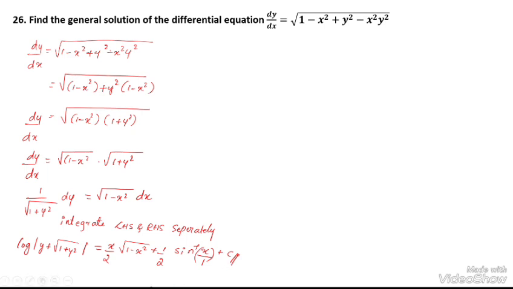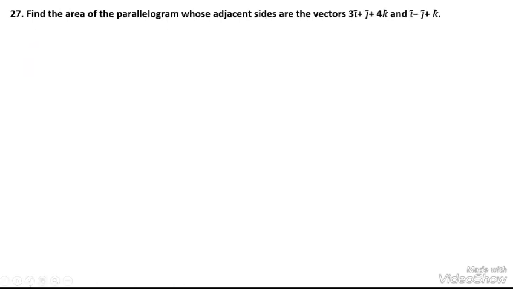Now move on to the next question. Question number 27. Find the area of the parallelogram whose adjacent sides are the vectors 3i plus j plus 4k and i minus j plus 4k. Okay, we already know the area of a parallelogram. Here A and B are two adjacent sides in the parallelogram.